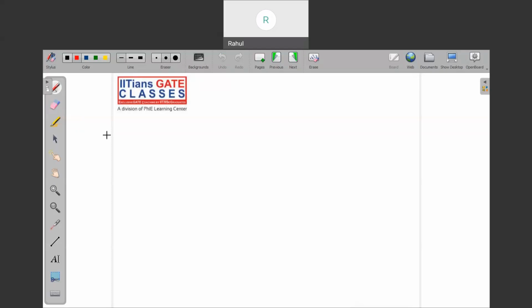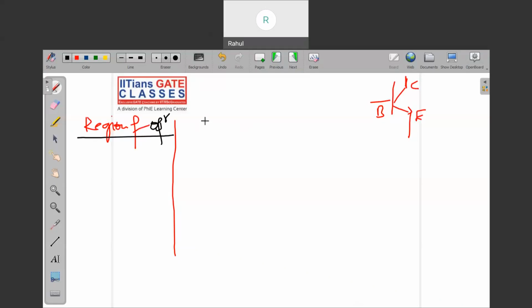Let me draw one table here, with the collector and the emitter.